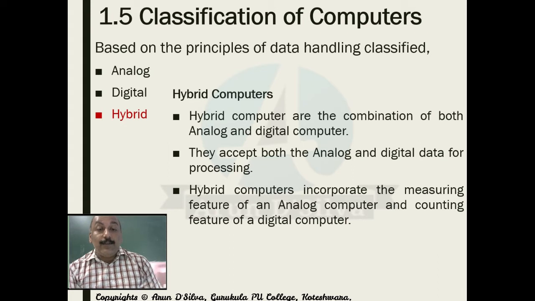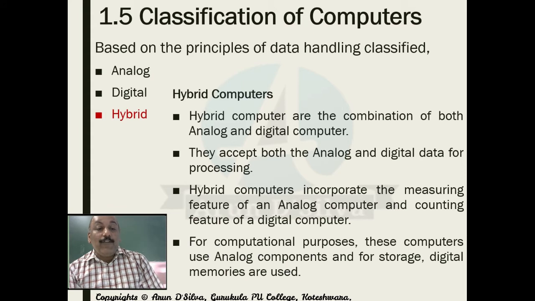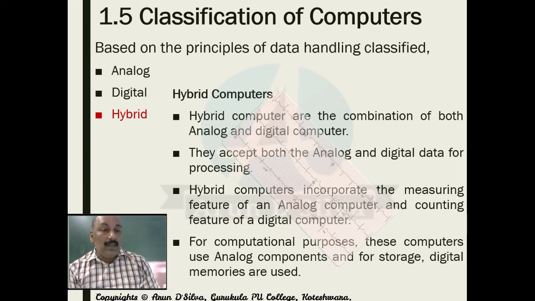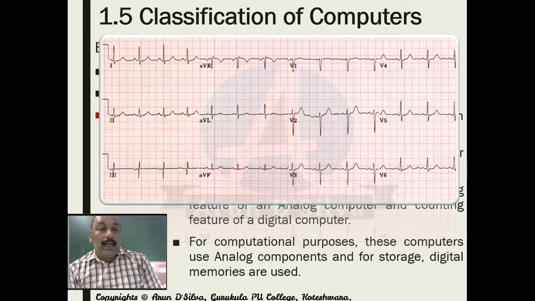As I told you, the same is there on the slide. For computational purposes, these computers use analog components. For storage, digital memories are used. This type of computer is mainly used especially in hospitals.